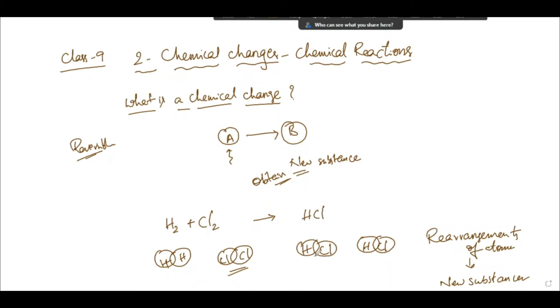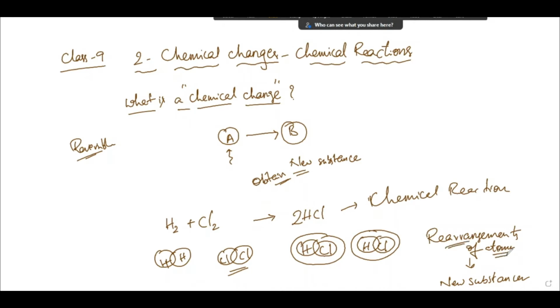But how many HCl molecules did you get? This is one HCl and this is another HCl, so total two HCls you will get. So this is called a chemical reaction. What is it called? It is called a chemical reaction. A chemical reaction is nothing but a chemical change in which rearrangement of atoms takes place, and it leads to the formation of new substances.